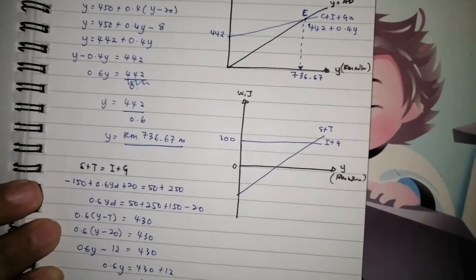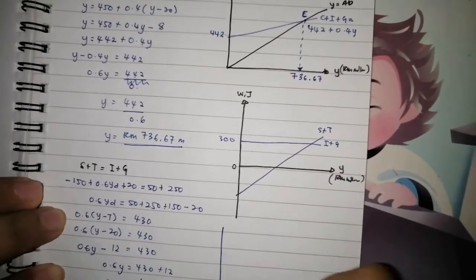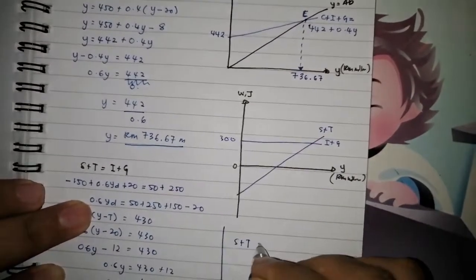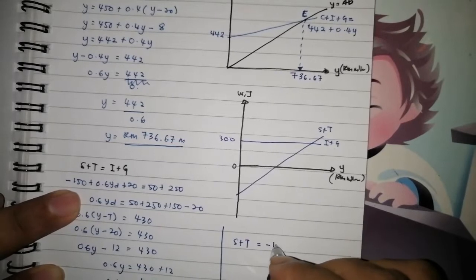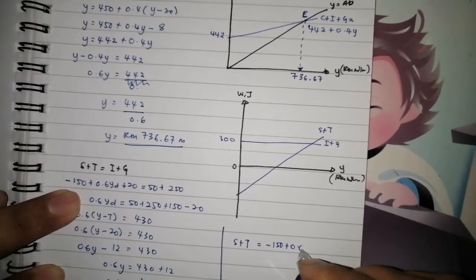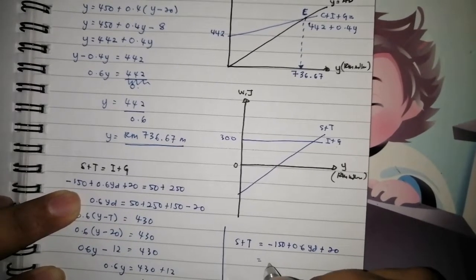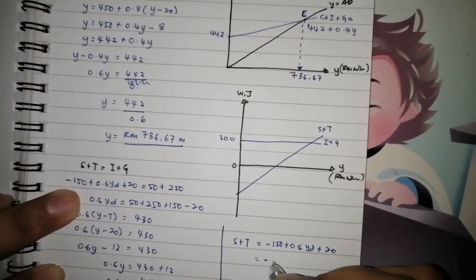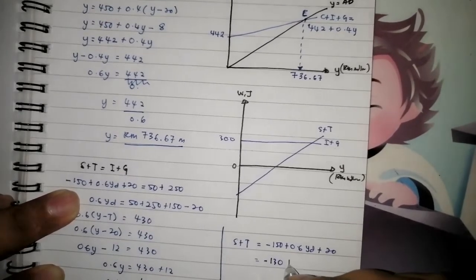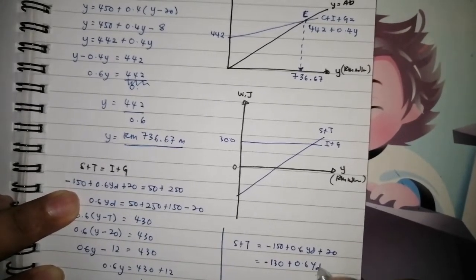Okay, let's recalculate. S plus T equal to negative 150 plus 0.6 YD plus 20 equal to negative 130 plus 0.6 YD.